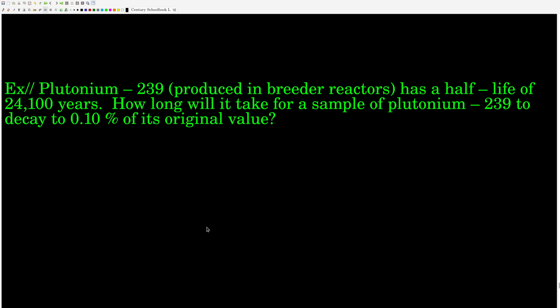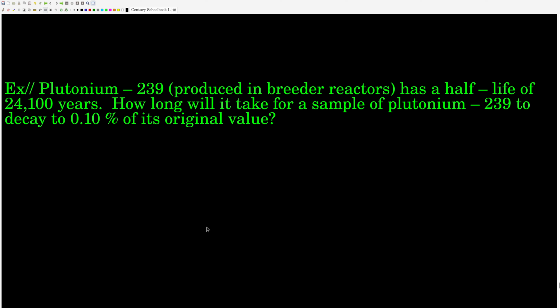And now another example. Plutonium-239, which is one of the radioactive isotopes produced in what are called breeder reactors, has a half-life of 24,100 years. That's a pretty long time, right? So how long will it take for a sample of plutonium-239, radioactive waste, right?